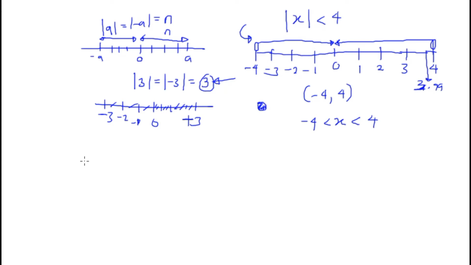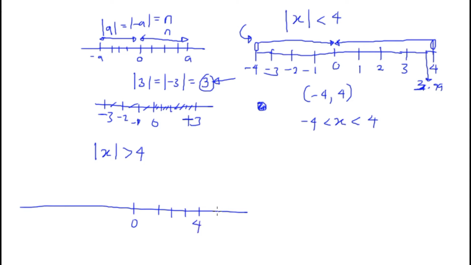The same way, if you have something of this nature, the absolute value of x greater than 4. Now, what this actually means is that you want to find the values of x in which their units away from 0 is greater than 4. So what are those values? We can find that this is 0, 1, 2, 3, 4.